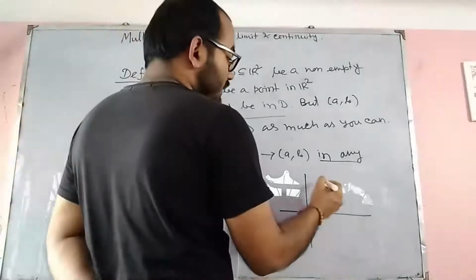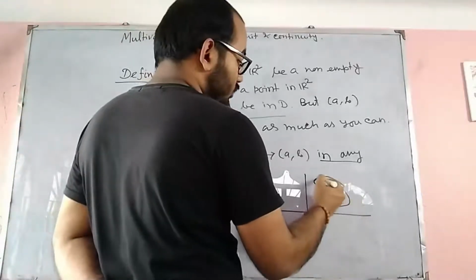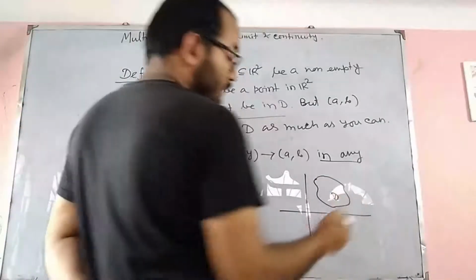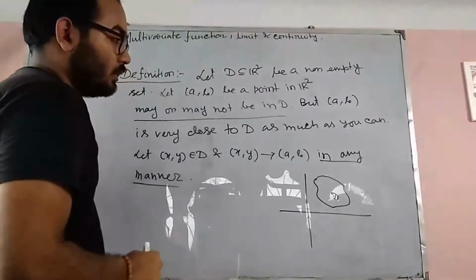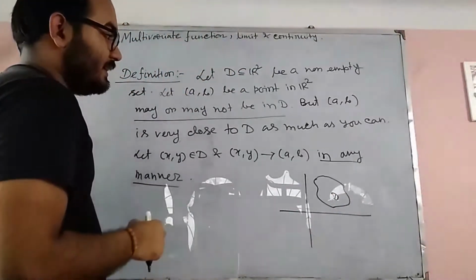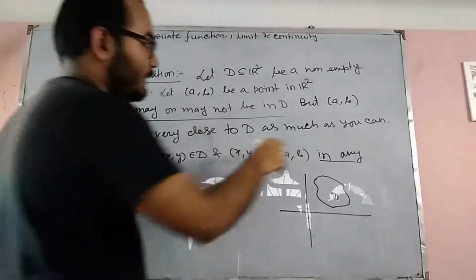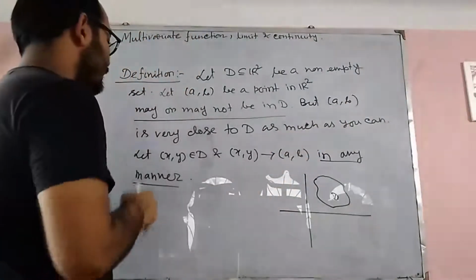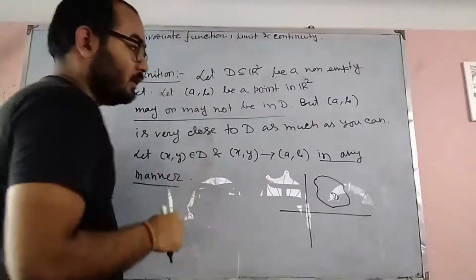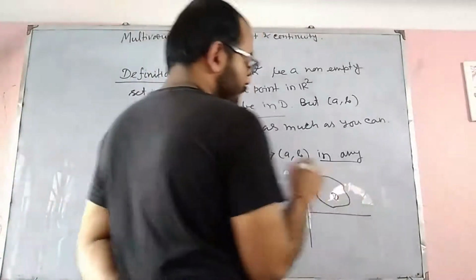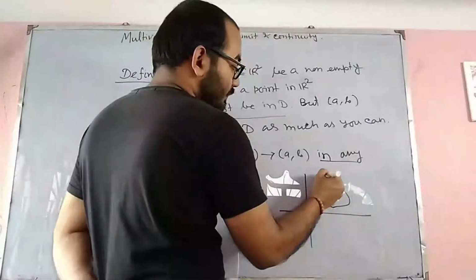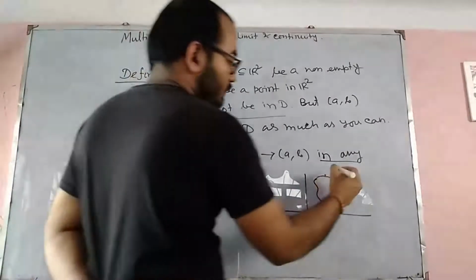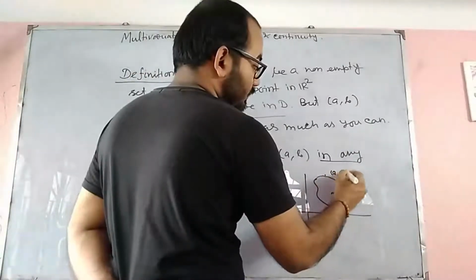Suppose you have the domain D. As I said, the point (a, b) may or may not be in D, so I consider the point here, which is (a, b).